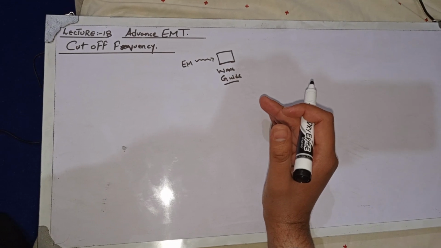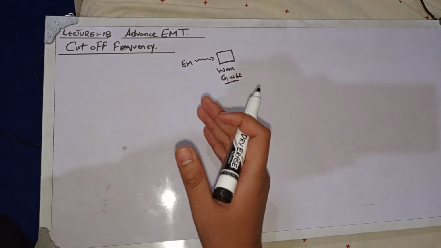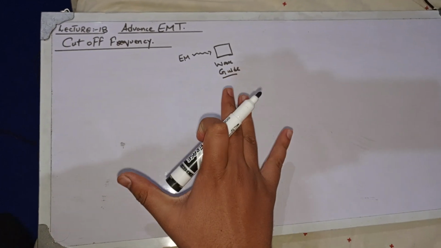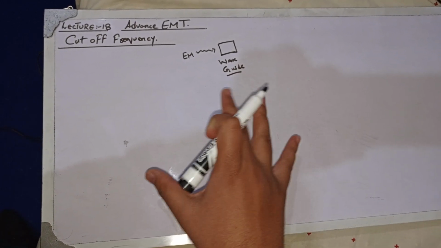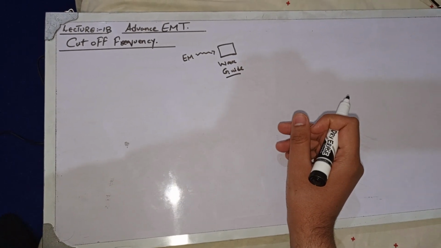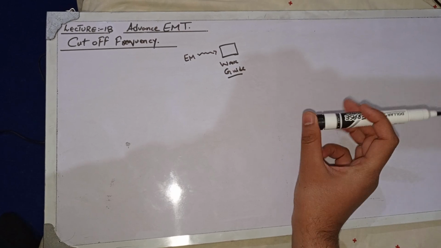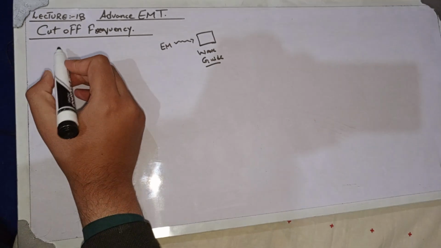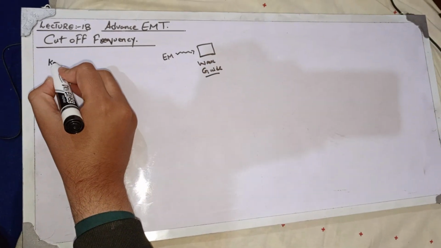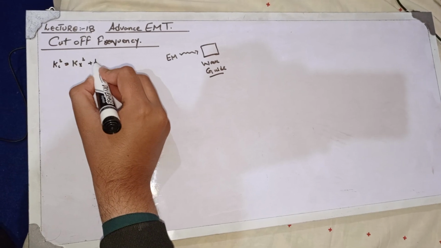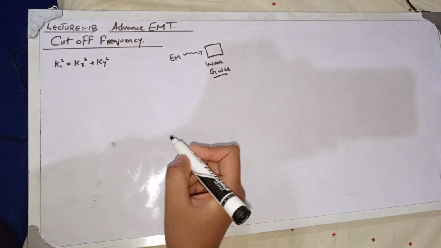So how can you calculate the cutoff frequency? We are going to formulate that in this lecture. The cutoff frequency is calculated based on the geometrical factor of the waveguide and the speed of light. As we already derived in the previous lecture, kc square is equal to kx square plus ky square.